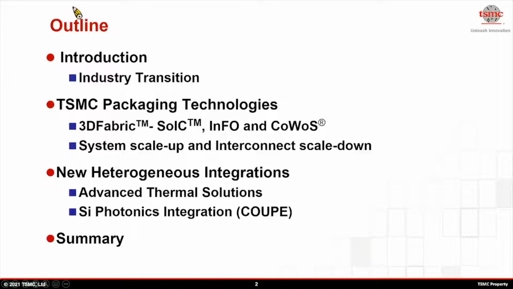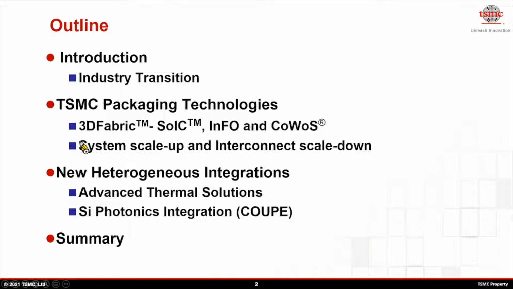This is the outline of my presentation. I'm going to start with a brief introduction of TSMC packaging technology, 3D Fabric, and the new industry transition. Then I'm going to discuss the new development, including the packaging system scaled up and the interconnect scaled down.